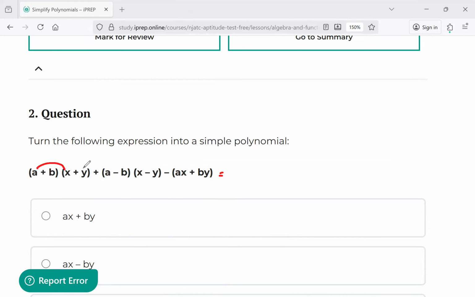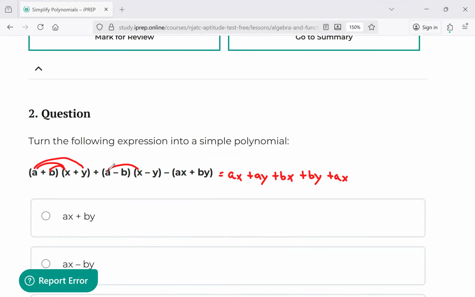So what's a times x? Ax. What's a times y? Ay. What's b times x? Bx. What's b times y? By. And then over here, what's a times x?